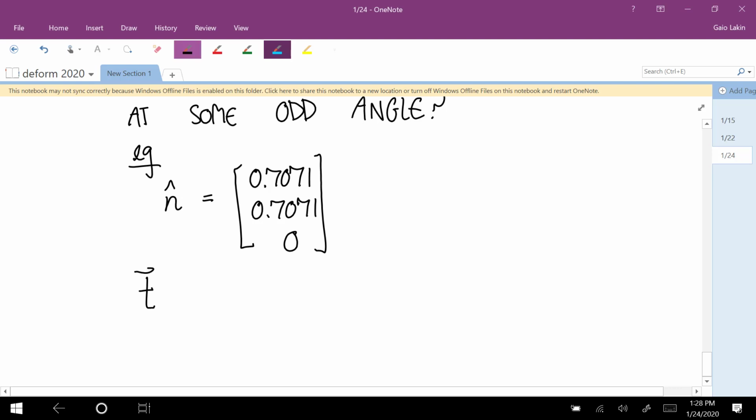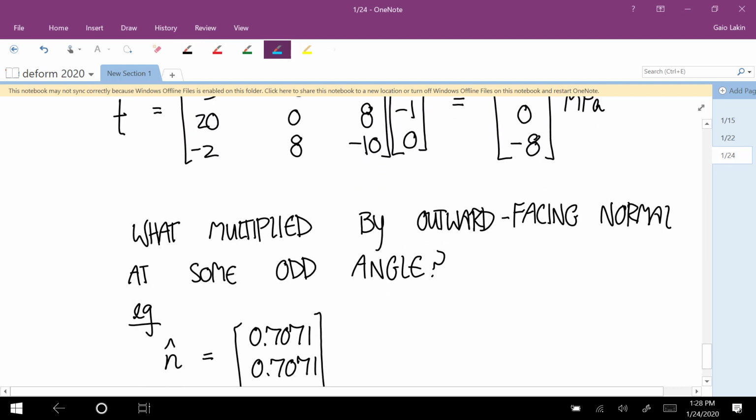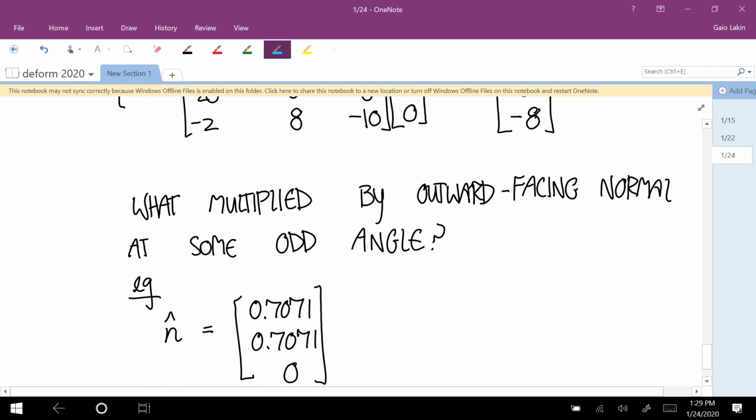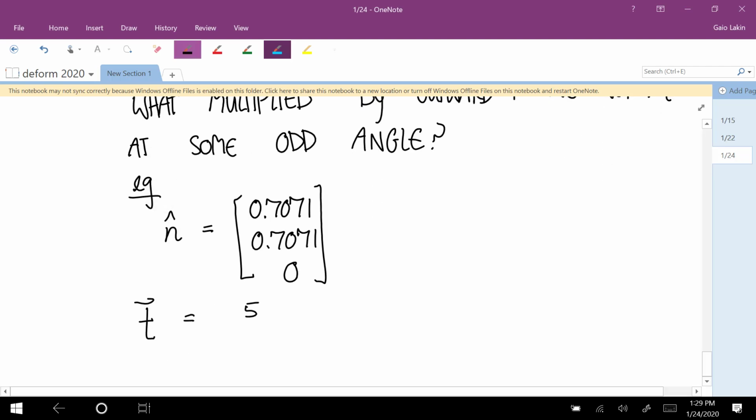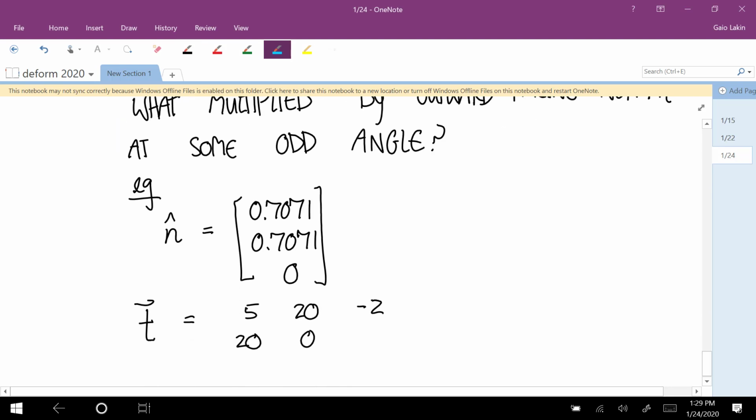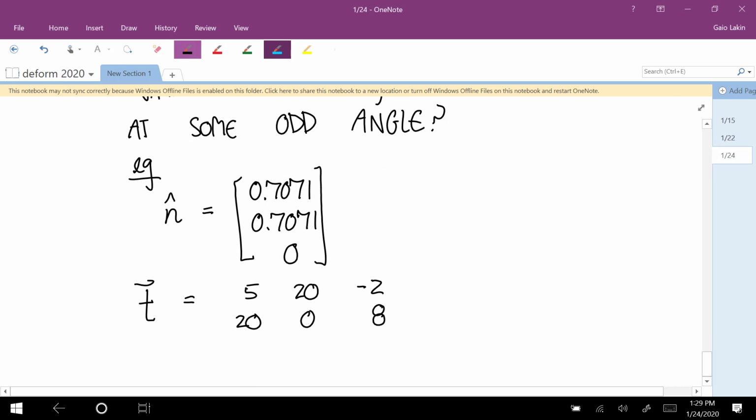So if you calculate this traction, I'm going to use the same stress tensor, 5, 20, negative 2, 20, 0, 8, and then negative 2, 8, negative 10, and multiply it by this vector.